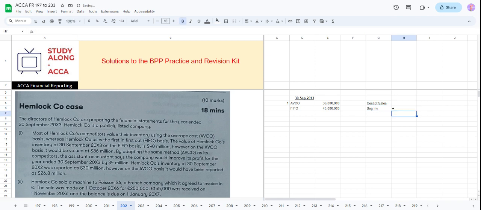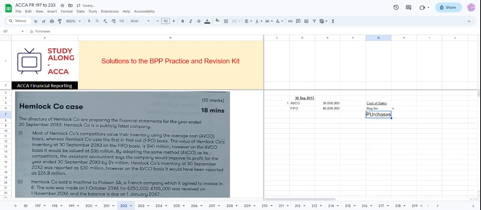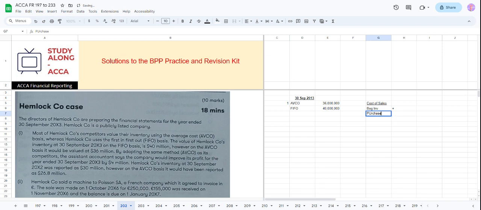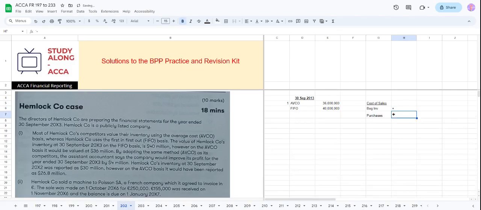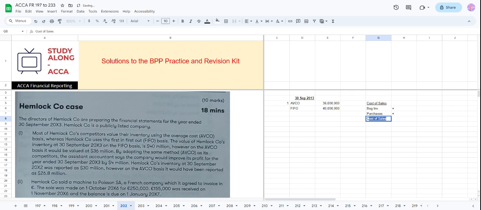You add it, then you add your purchases, and then you deduct the closing inventory or ending inventory. Ending inventory is a negative adjustment. So if ending inventory is recorded at less, you will deduct a lesser amount, no? So then your cost of sales will be lesser, and hence your profit will be higher.